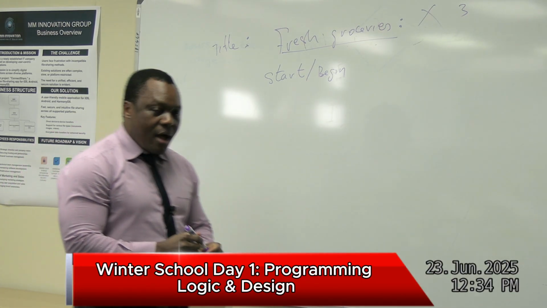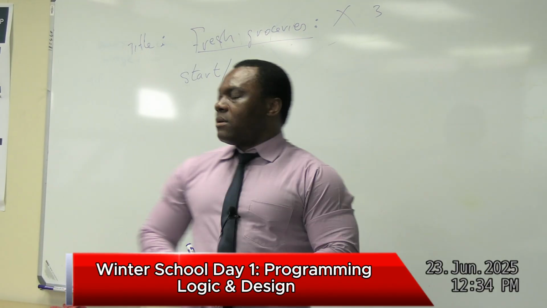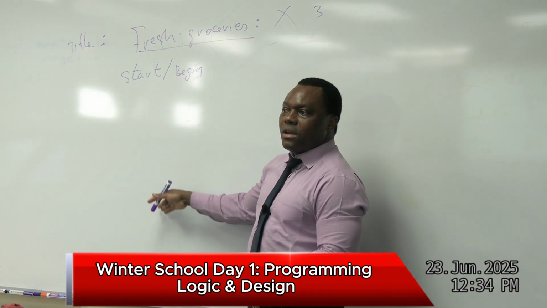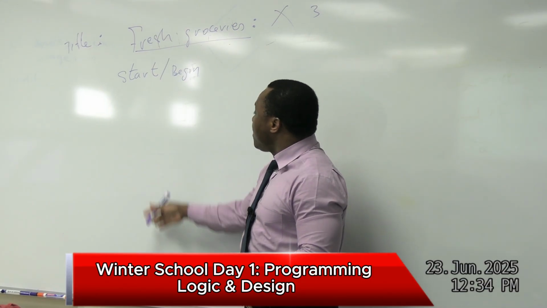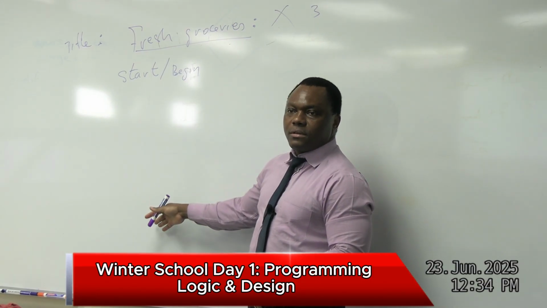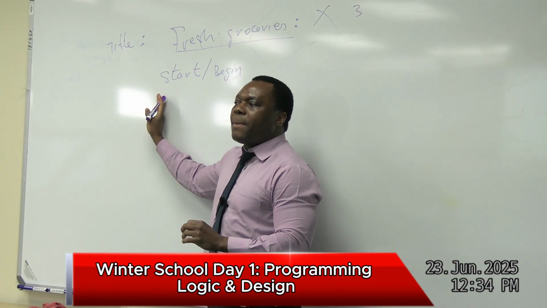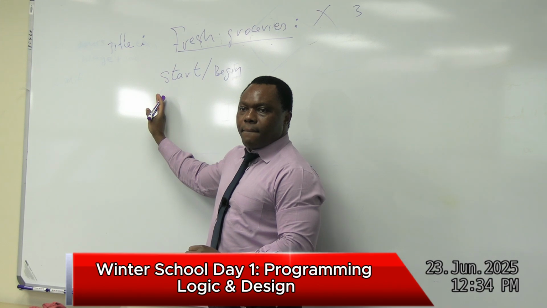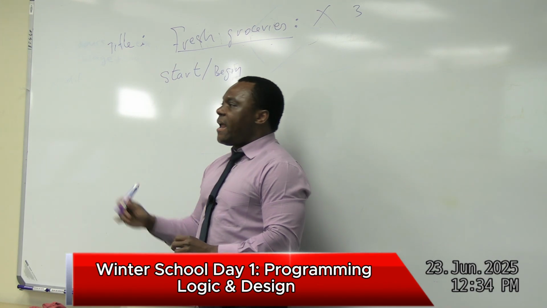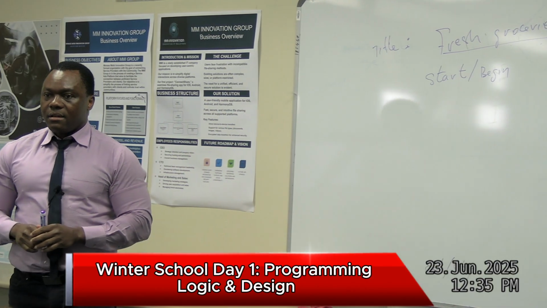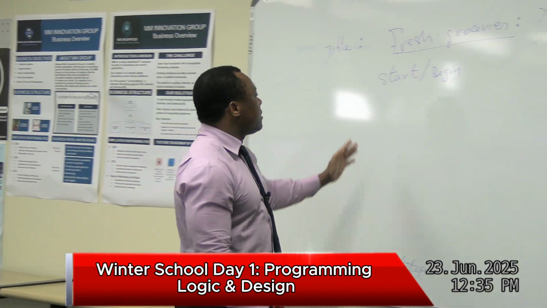Now, how to do the pseudocode? My pseudocode will be inside of these two keywords. They are not going to be at the beginning. Remember, we are using Python. Okay? Certain languages are using curly brackets, but within Python we are using indentation.